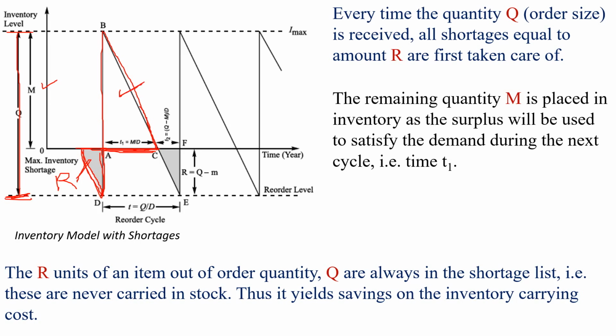In the actual inventory cycle we consider only the M quantity. We are not considering the shortage units for the carrying cost.